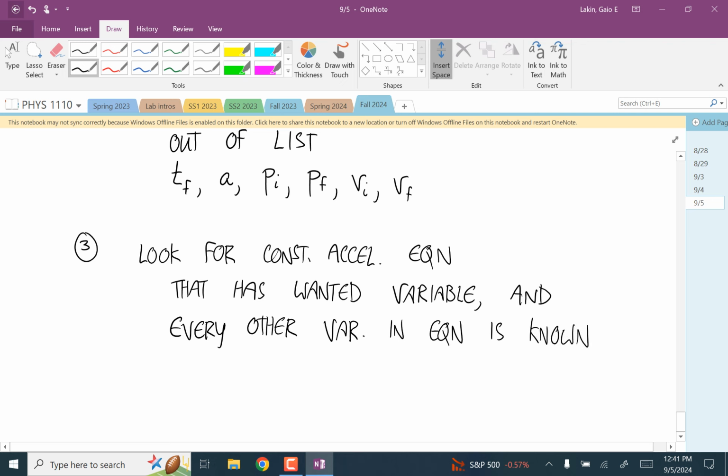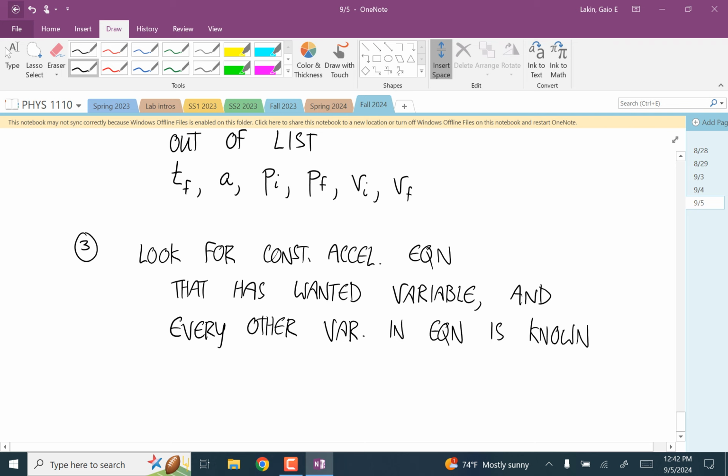If you find that equation, then you can use that equation to solve for what you want, and you're done. The reason that this is a requirement for the equation is that with a single equation, you can only solve for one variable. So you want to be able to solve for the variable you're looking for, and in order to do that, everything else in the equation has to be known.